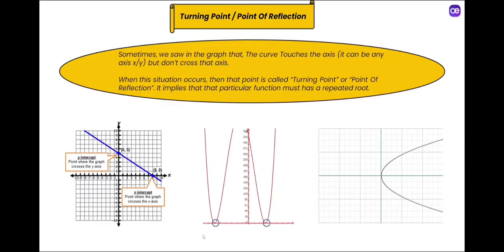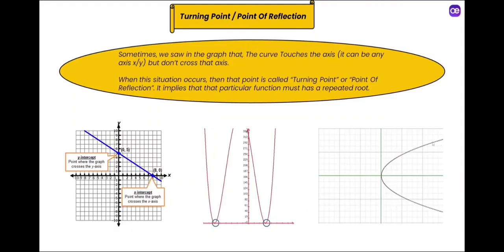So we can see in this graph particularly that the curve doesn't cross the x-axis, it touches, and both are intercepts also. It doesn't cross, but it doesn't mean they are not intercepts. They are intercepts, but here they touch the x-axis, and in the other graph it crosses the x-axis.